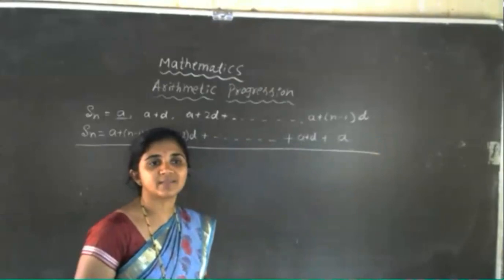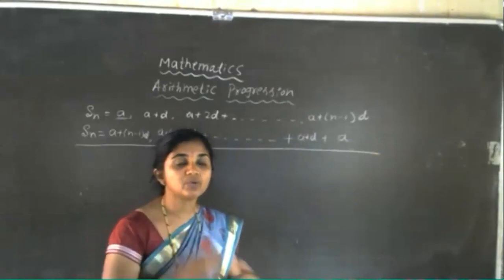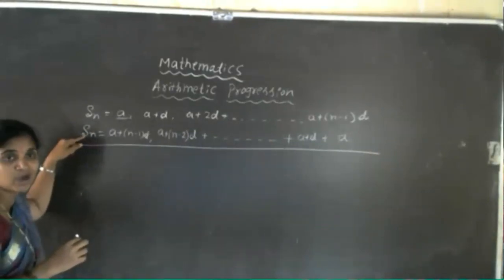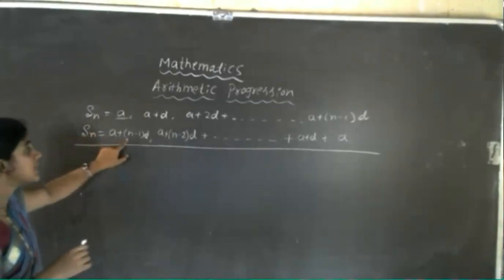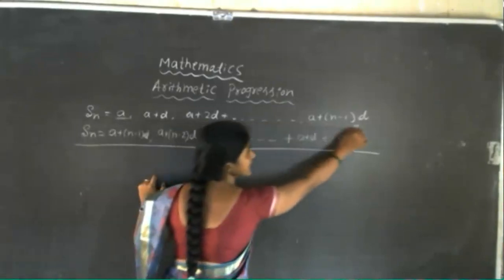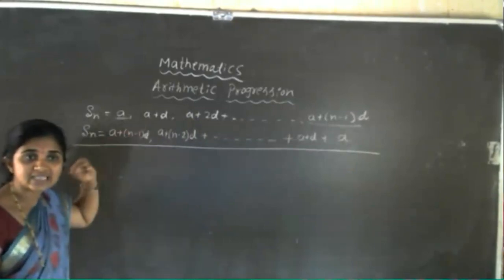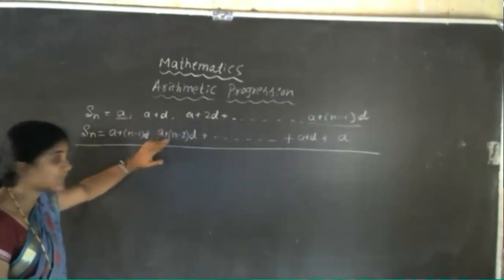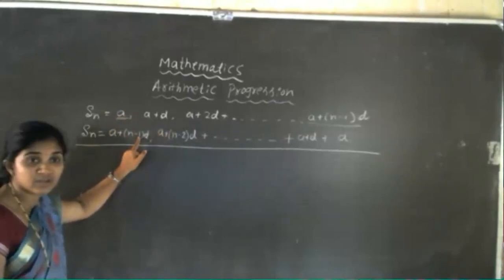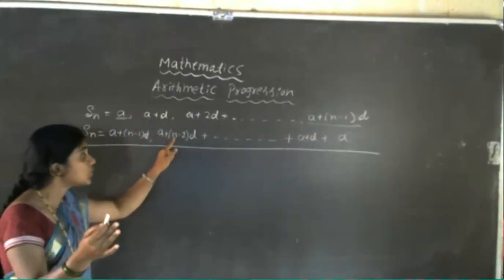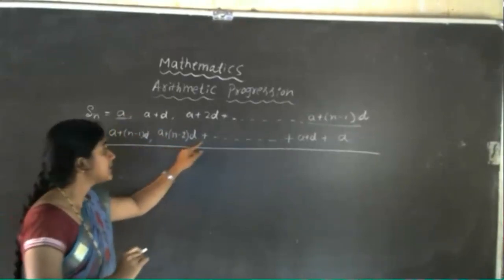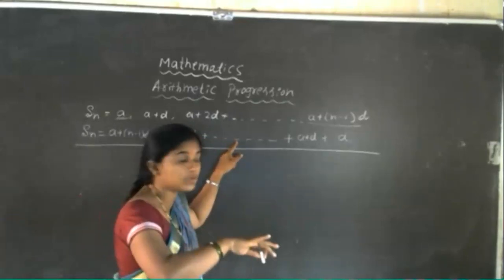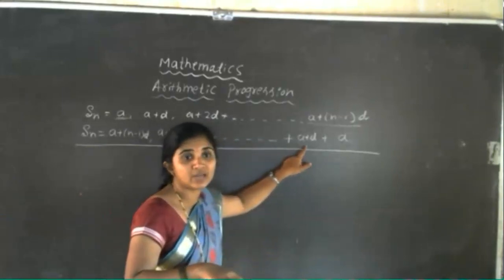According to the Gauss method, now we have to take the reverse order of that. So in the next line, again the sum of n terms of an AP is equal to, now the last term is A plus n minus 1 into D. What is the last term actually? A plus n minus 1 into D. So what will the term before the last term be? Since A plus n minus 1 is the last term, the one before is A plus n minus 2 into D. Then A plus n minus 3 into D, then A plus n minus 4 into D. If this continues, what do we get?